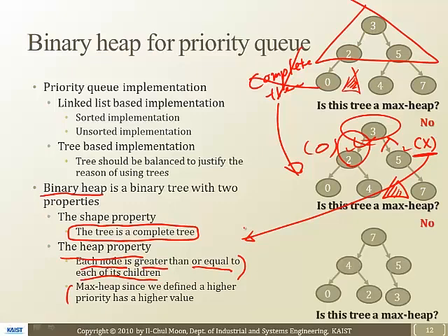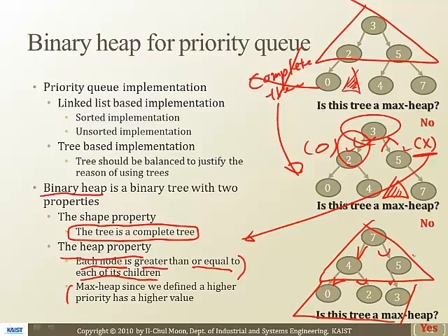And how about this? Is this a max heap? Actually, yes, it is. Let's find out why. So it has a nice upper triangle shape, and it's been filled in from the left to the right. And 7 is greater than 4 and 5, and 4 is greater than 0 and 2, 5 is greater than 3.